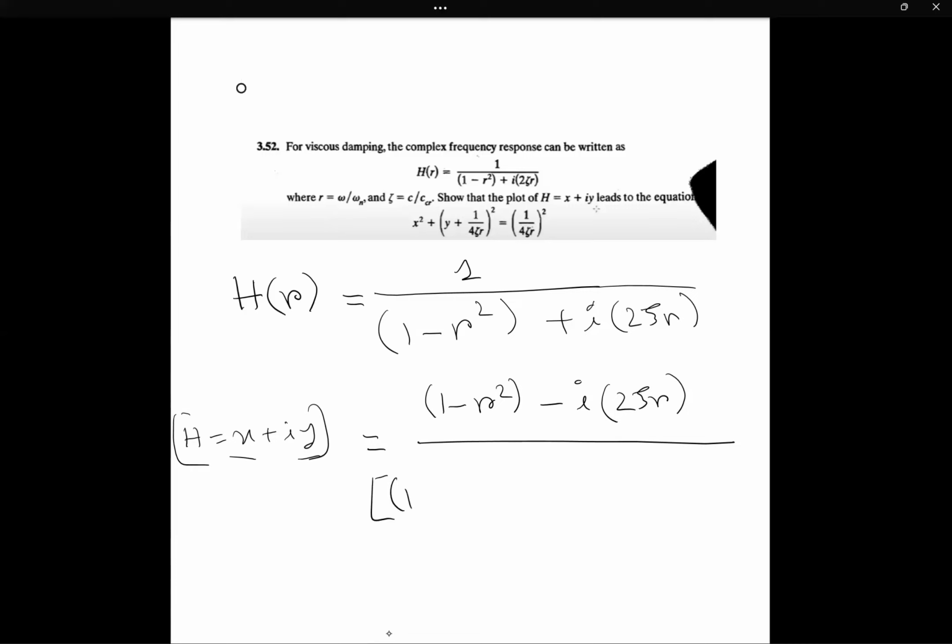Similarly, here it will be 1 minus r square plus i2 zeta r multiplied by 1 minus r square minus i2 zeta r.